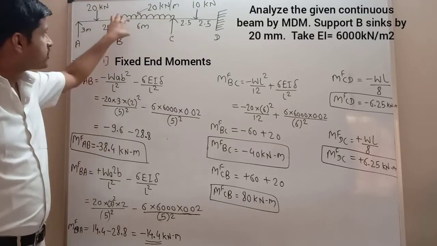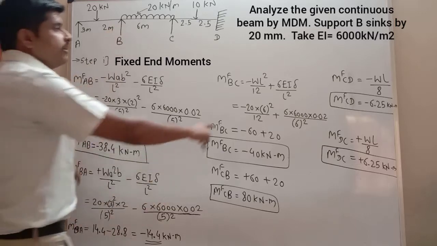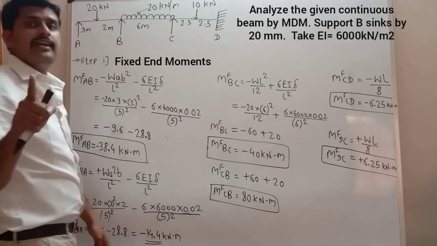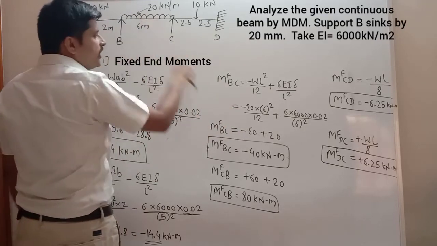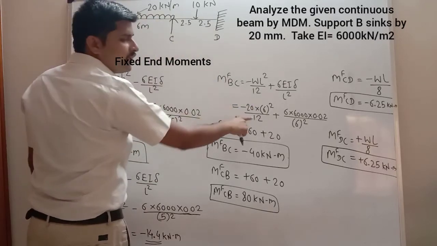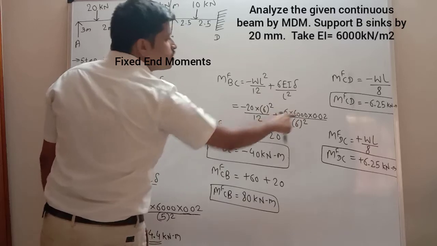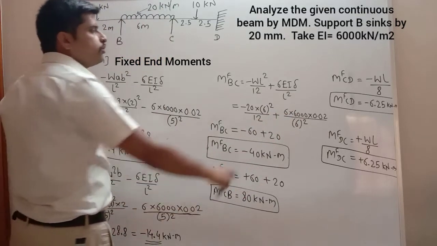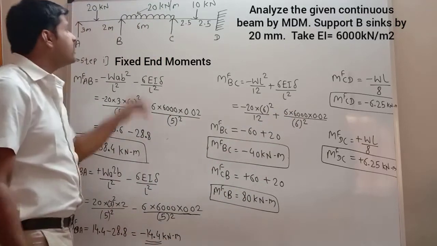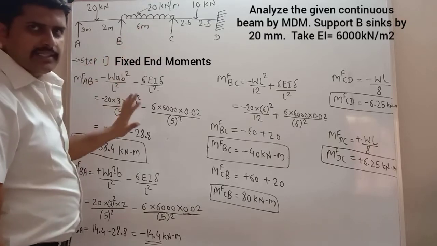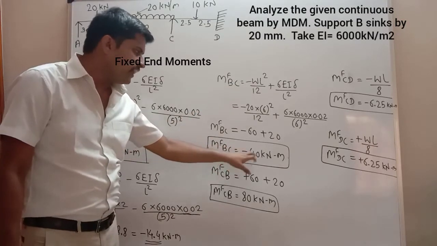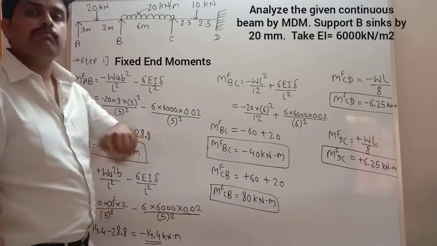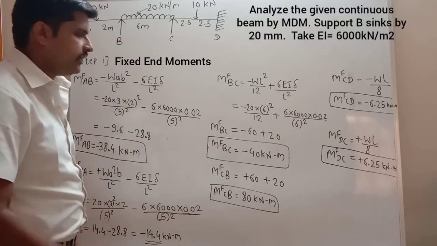If the left hand support settles, then there will be plus 6 EI delta upon L square. So put the values: minus 20 into 6 square divided by 12 plus 6 into 6000 into 0.02 divided by 6 square. 6 is the length of span BC. After doing the calculations, we will get MFBC as minus 40 kilonewton meter.